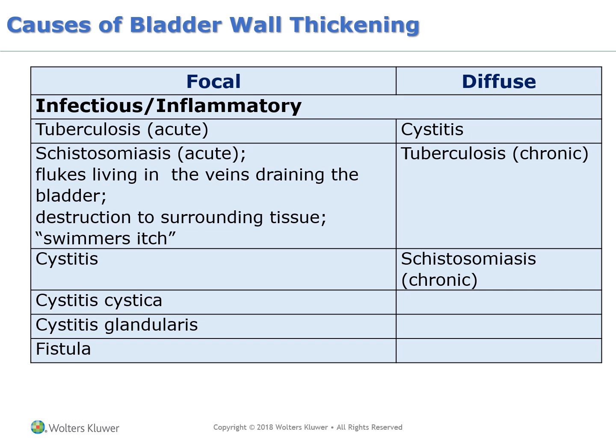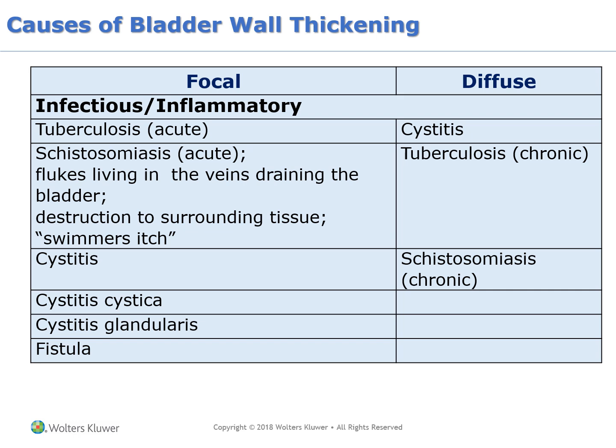So things like tuberculosis, schistosomiasis, cystitis cystica, cystitis glandularis, and a fistula can all be infectious or inflammatory causes of focal wall thickening.